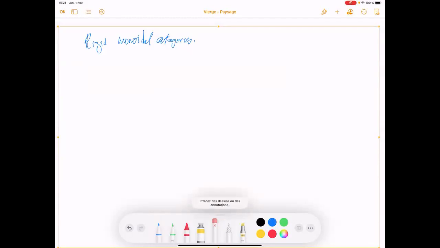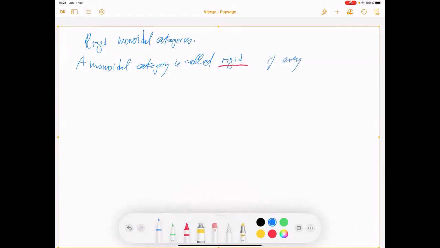So a monoidal category is called rigid if every object admits a left and a right dual object.